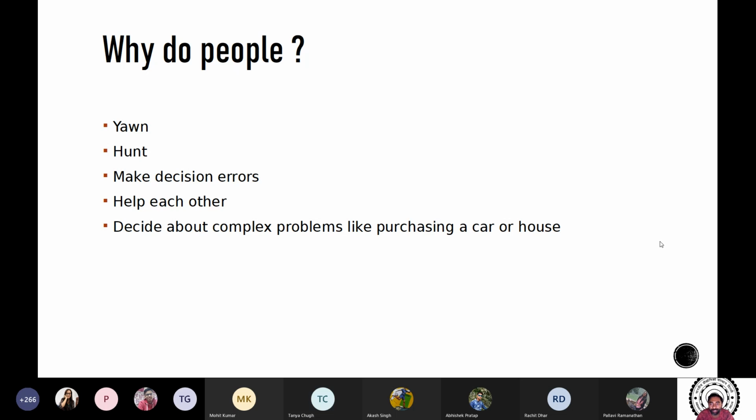Let's say we have 200 angry people, 100 males, 100 females, just for the sake of argument, and all the 200 people are making the same decision. Would you predict that because all the 200 of them are angry, they will make the same decision error? Or will all the 200 people behave in 200 different ways about this decision? I'm not very sure on this, but I think that it will have a similar trend.